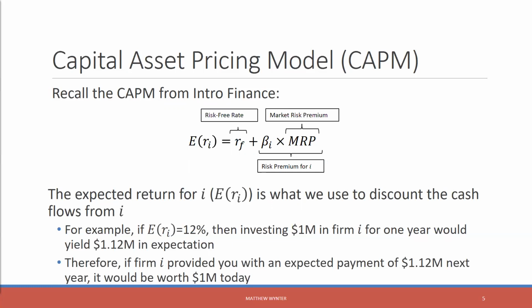So if I'm investing $1 million in firm I for 1 year, and it has an expected return of 12%, then in a year, I would expect to get 1.12 million. A different way of thinking about that is if firm I promises to pay me 1.12 million next year, today, to me, that would be worth 1 million given the expected return of 12%, the discount rate of 12%.